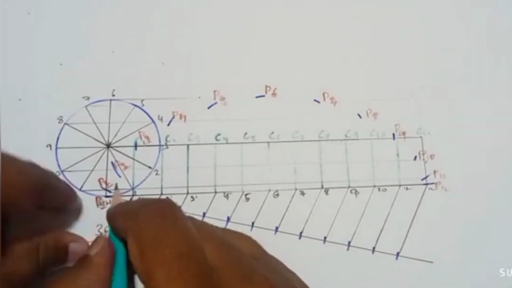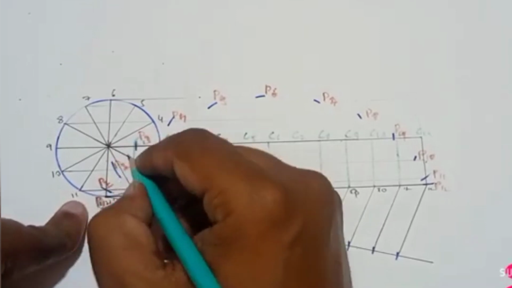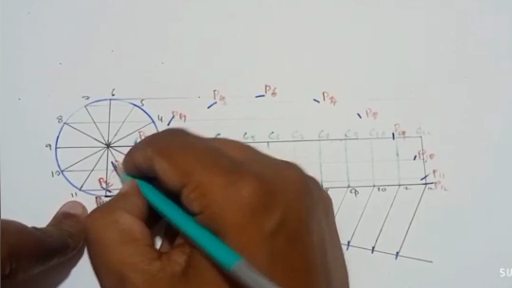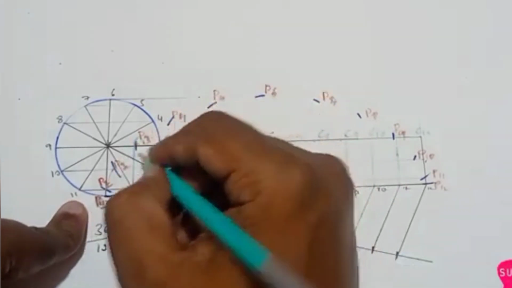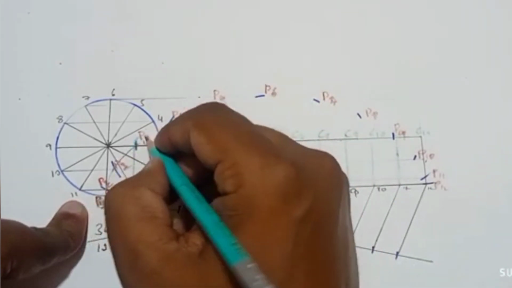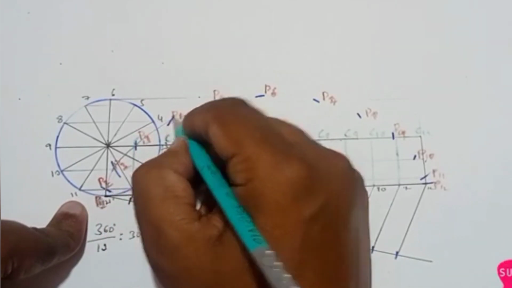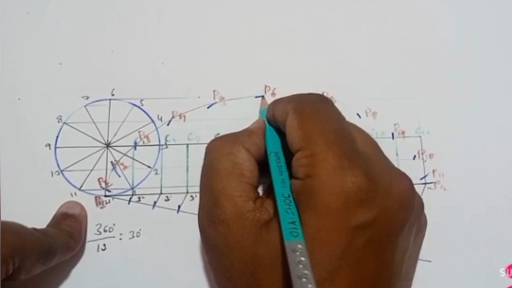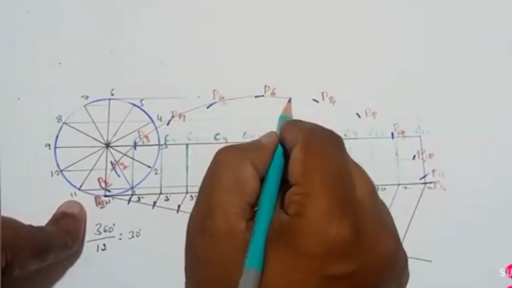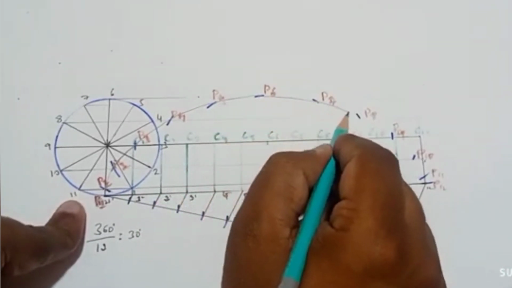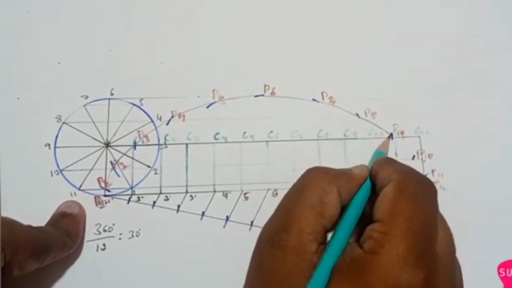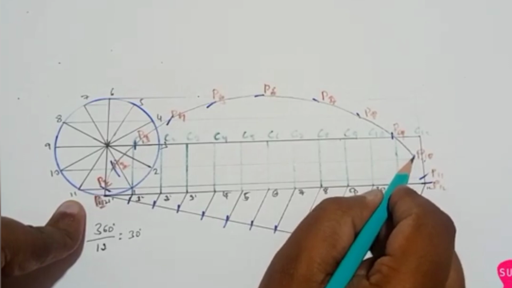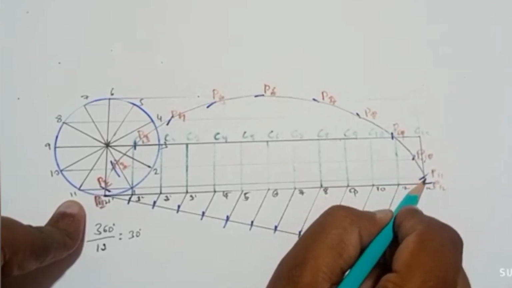We have to neglect from here. Okay, P12, you have to join P12, P2, and P22. We have this P3, P32, P4, P42, P5, P52, P6, and then P6 to P7, P7 to P8, P8 to P9, P9 to P10. Here P10, P11, and P11 to P12.